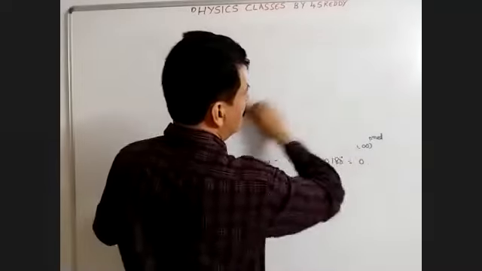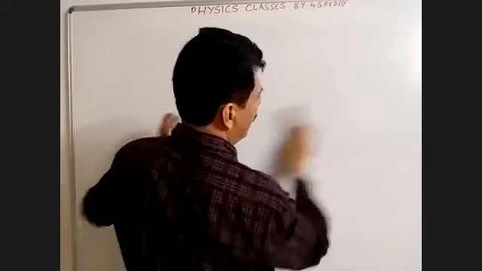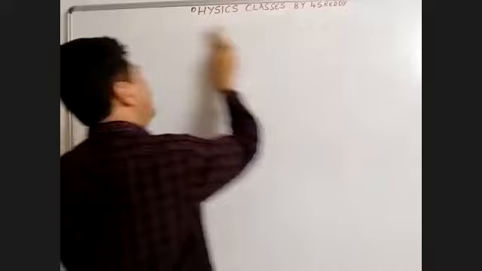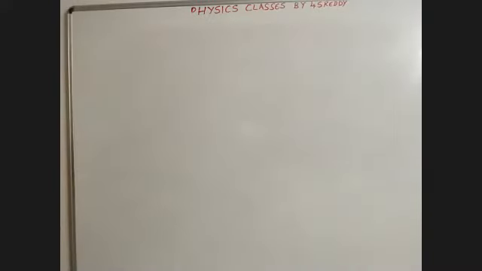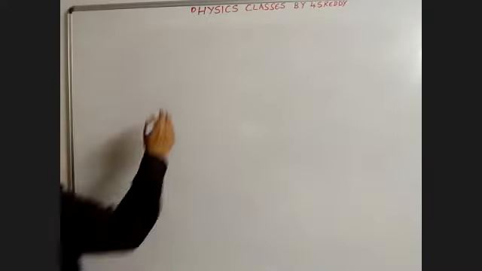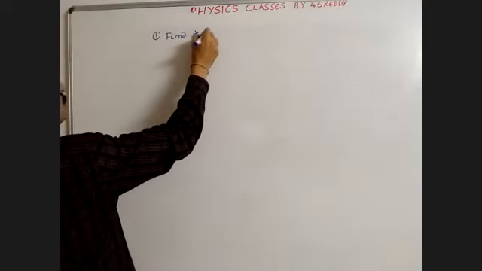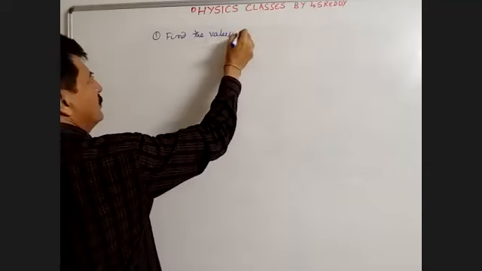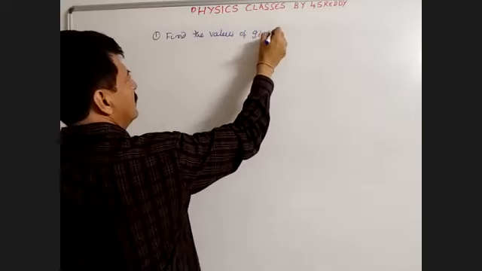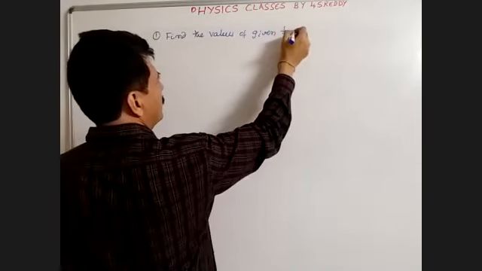And now once you got the idea of this unity, how to make use of these quadrants and the standard values, you may ask some questions like this. Find the values of given trigonometric functions.